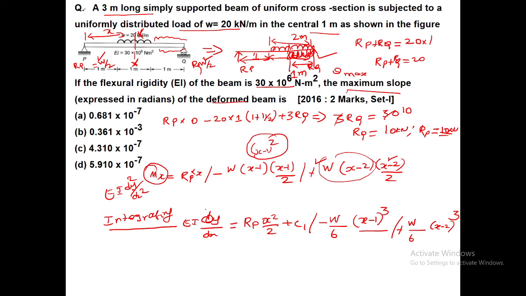Due to the symmetry, the slope will be 0 at the mid section. This is a symmetrical beam, so slope will be 0 at the mid section. This is the condition.